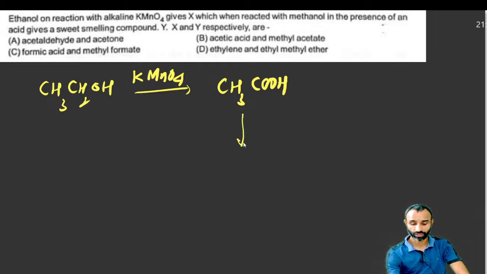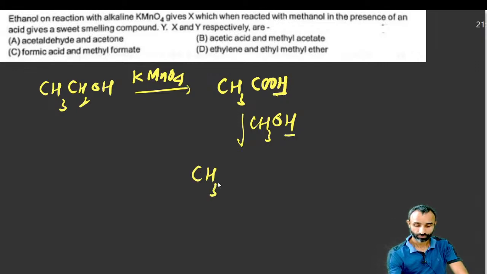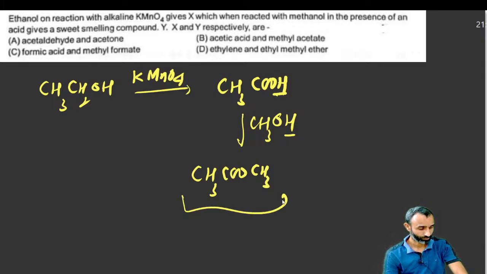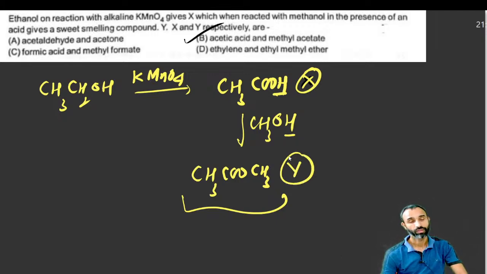When it is treated with methanol, what will we get? We will get methyl acetate. So that means option B. Acetic acid is X, and Y is methyl acetate.